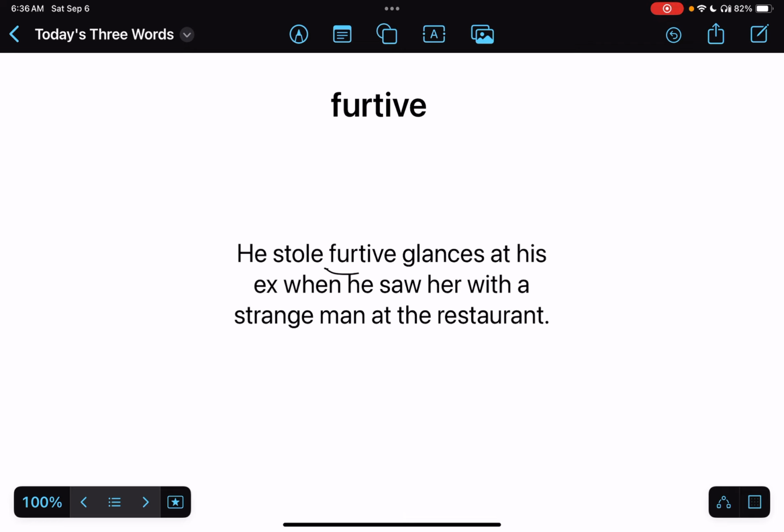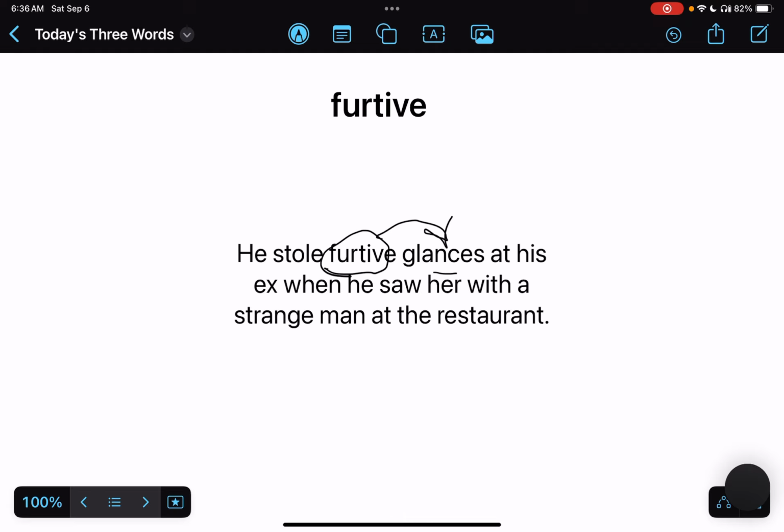Here is furtive. And furtive again is an adjective, and in this case, it's describing the types of glances. He's making these secretive glances over at his ex-wife.